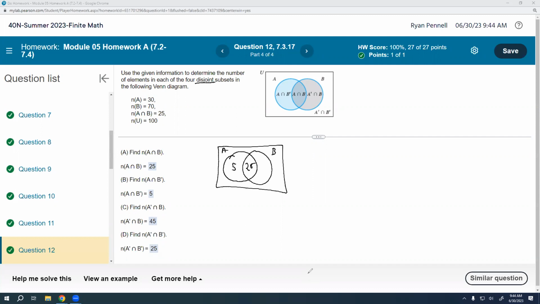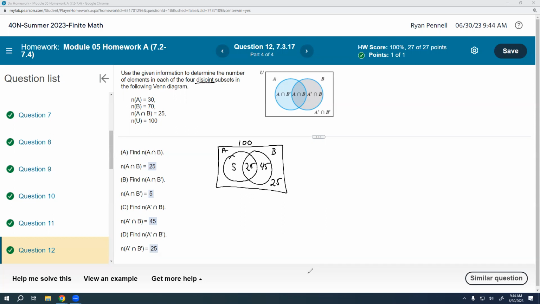That would be 5. We have B, which is 70. We already have 25 counted for. So how many do you have? 45. Okay, all of it is 100, right? The whole thing is 100. So how much would be on the outside of A and B? 25. That would all add up to 100, right?